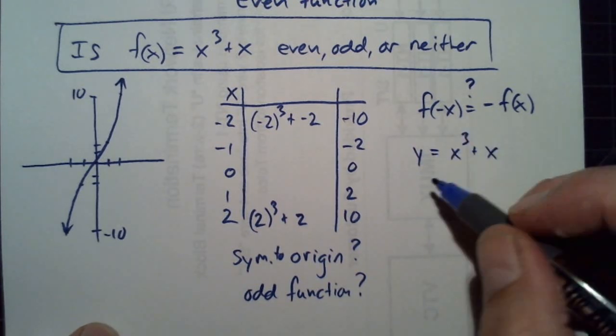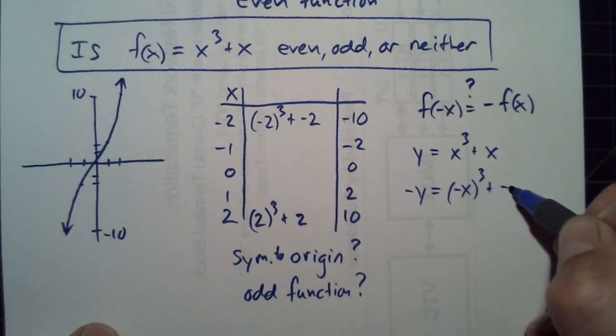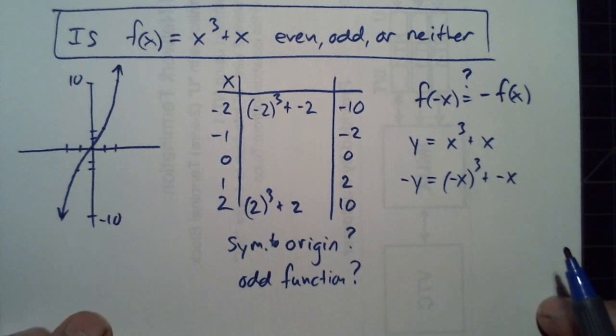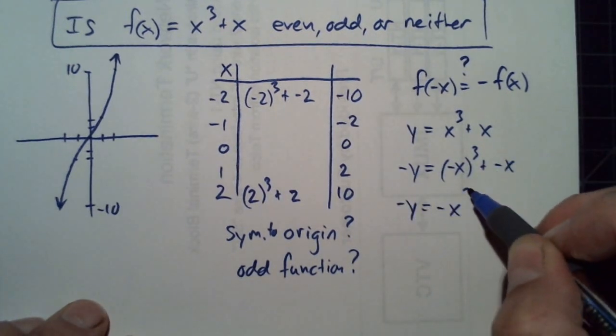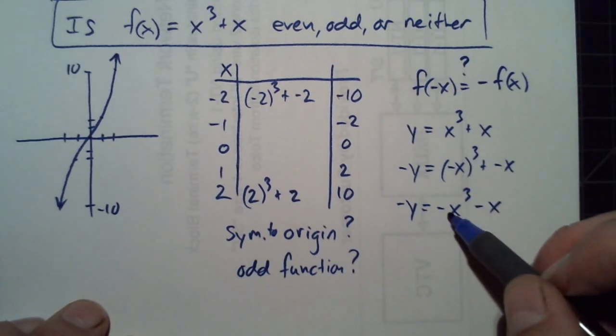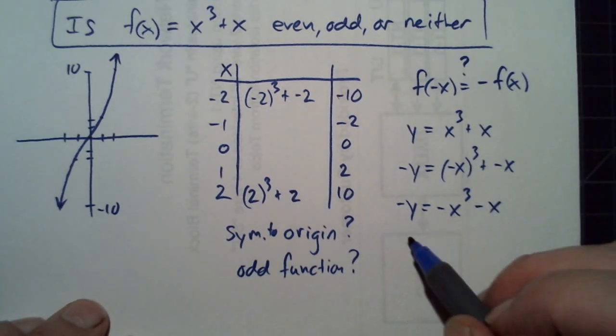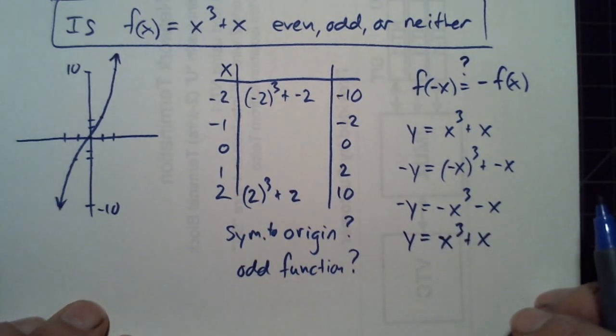That's the original equation. Let's see if when we change the x and the y, we'll get the same equation. And we will, because when we cube the negative, it's still negative. Multiply everything by a negative, and we end up with the same equation.